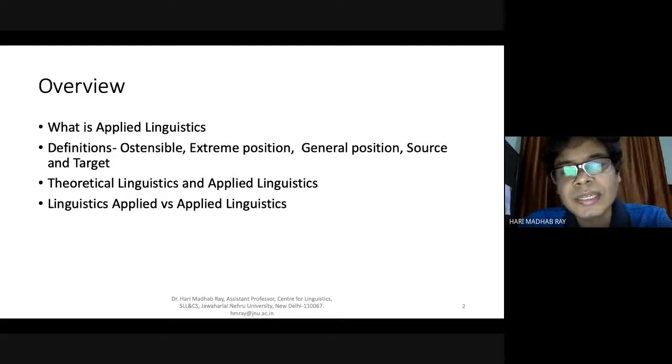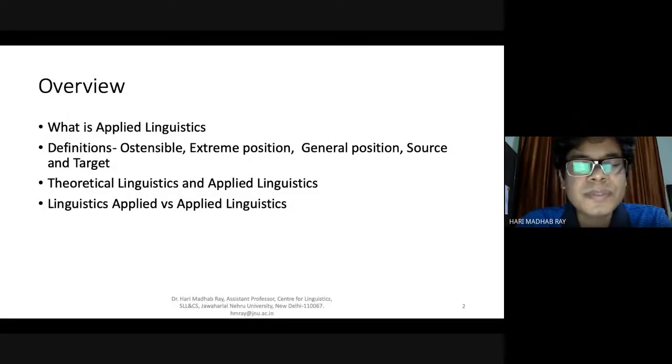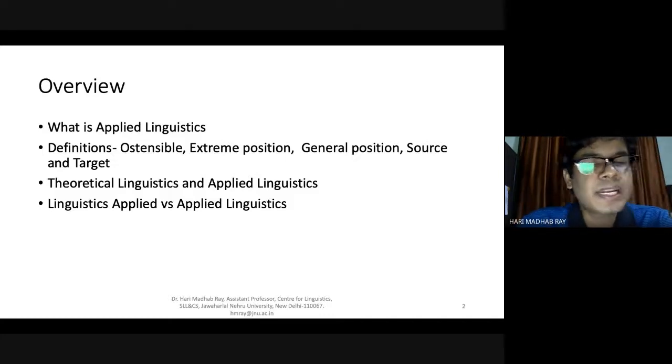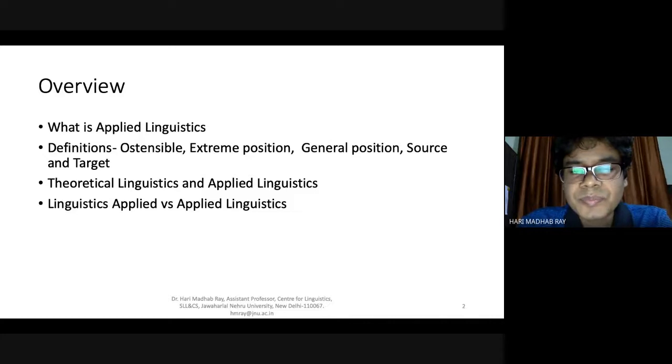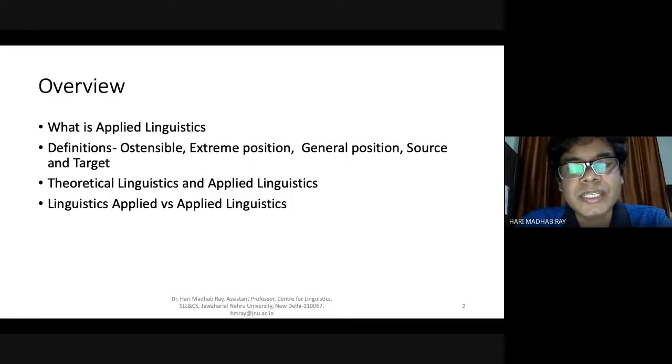There was a time, especially initially, after around the 1960s and even into the 1970s or 80s, when many people made a distinction between linguistics applied and applied linguistics. Alan Davies is one of them, and many practitioners said there has to be a distinction.